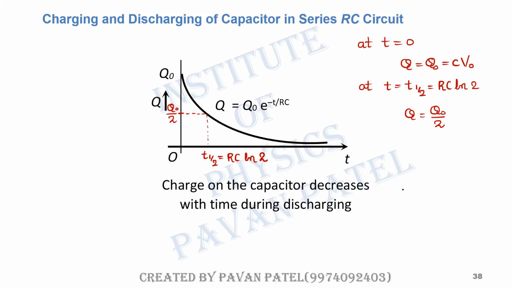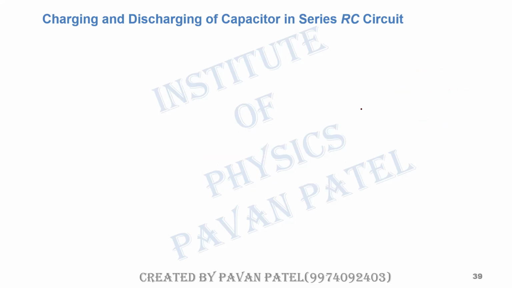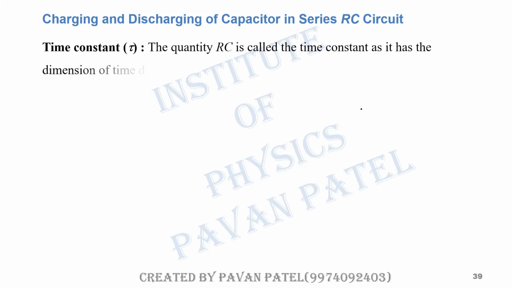Clear? Okay. Now the next point is the time constant tau. The quantity RC is called the time constant as it has the dimension of time. So the dimension formula of RC is the same as the dimension of time, that is T^1.